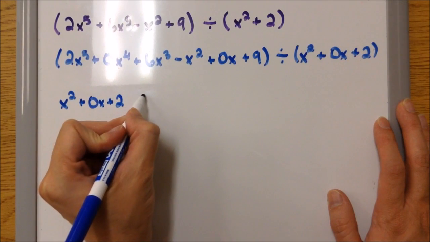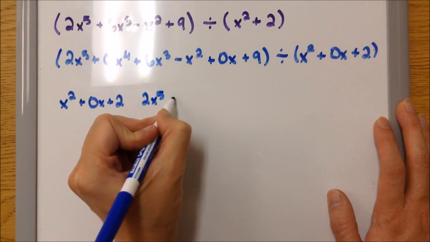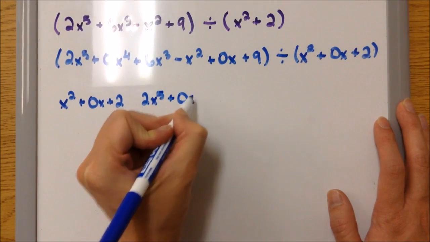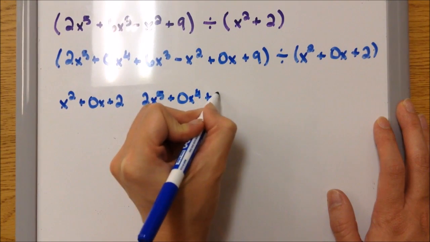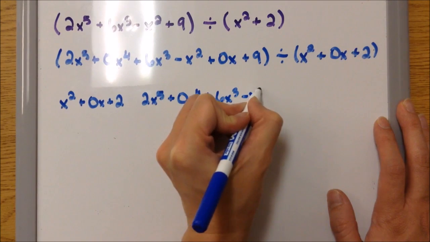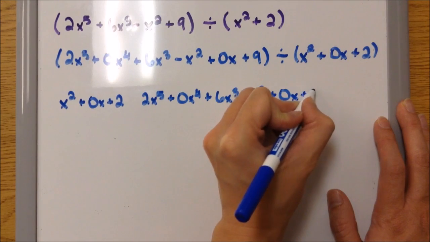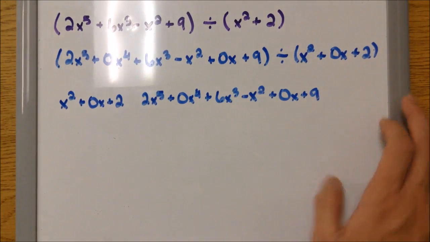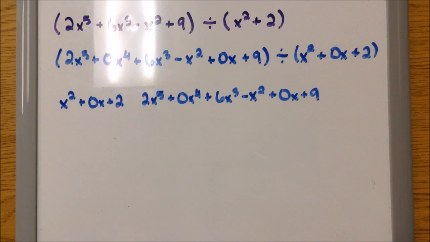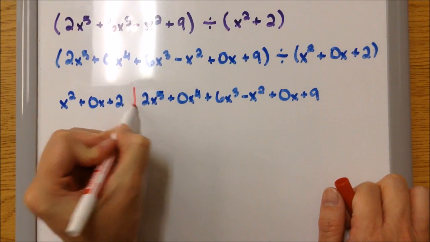And then 2x to the fifth plus 0x to the fourth plus 6x to the third minus x squared plus 0x plus 9. Alrighty, let's set up the line for dividing.